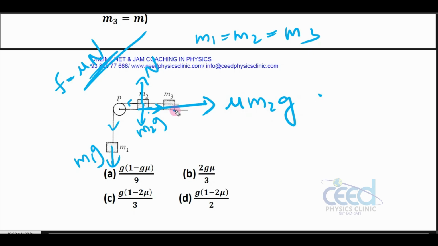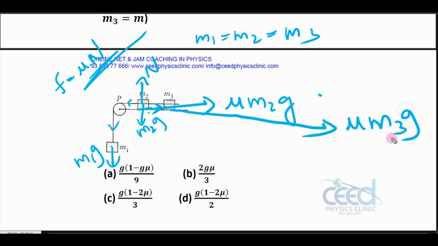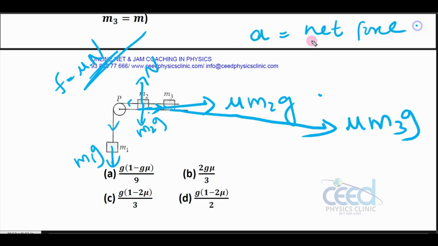And similarly on m3 another frictional force is acting here, that is mu into m3g. Then what is the resultant force? We need the resultant acceleration of m1. What is acceleration? Acceleration is net force divided by net mass.